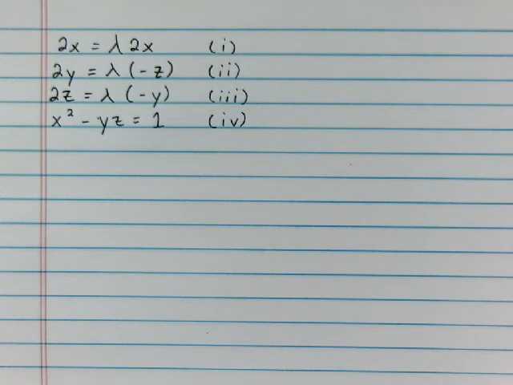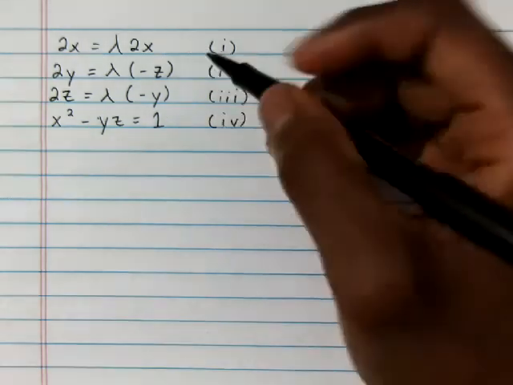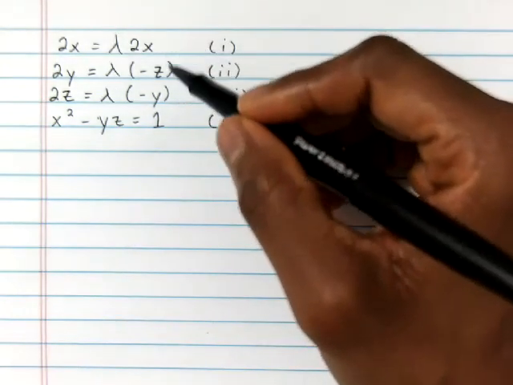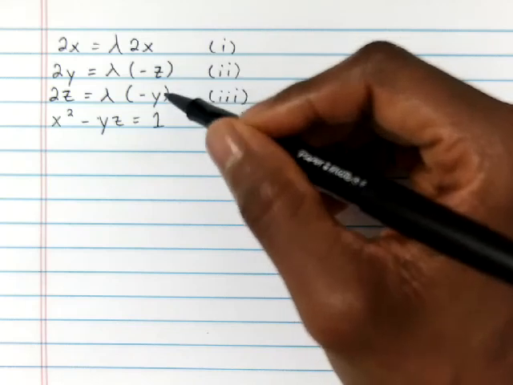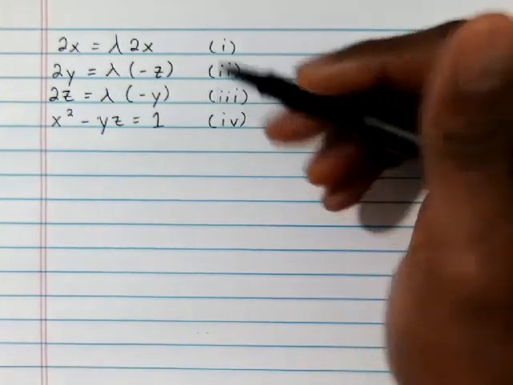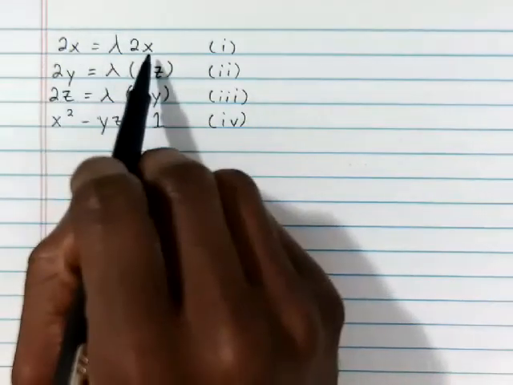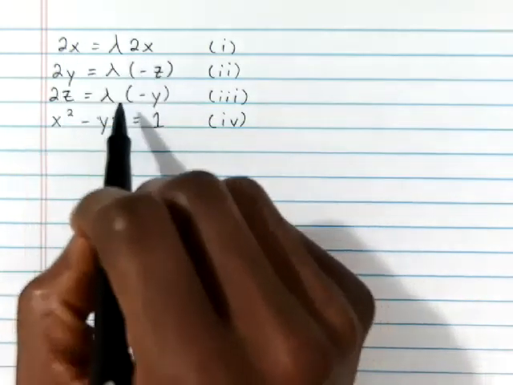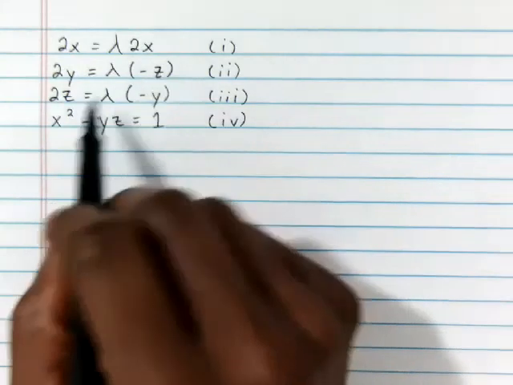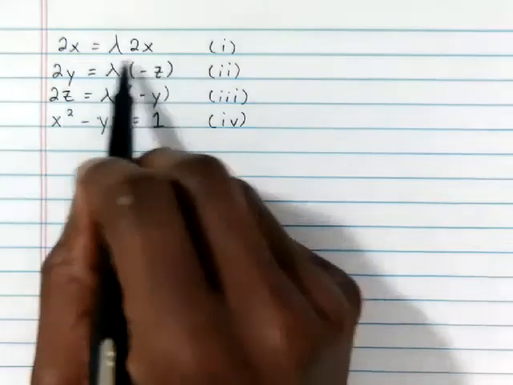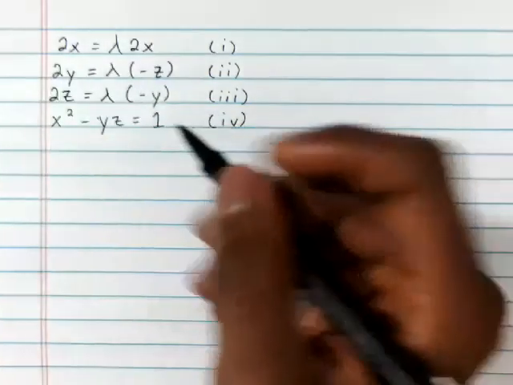Now, you start wherever you want to. You do your algebra however you want to, as long as you do it correctly. The level of complexity in all 3 of these first equations is the same. So I'm just going to start with number 1 and go in order from there. So, well, actually, no, 1 is easiest because that one has only x and lambda in it, whereas this has y, lambda, and z. This has y, lambda, and z. So this actually is the simplest one, number 1.